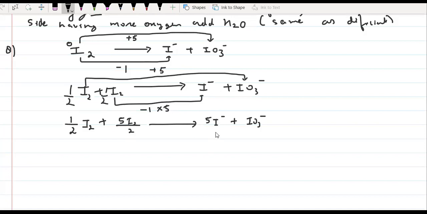So the balanced reaction would be what? Add them again. So it is 3 I2 gives 5 I minus plus IO3 minus, right? Now, balanced, tell me yes or no. Then basic medium.